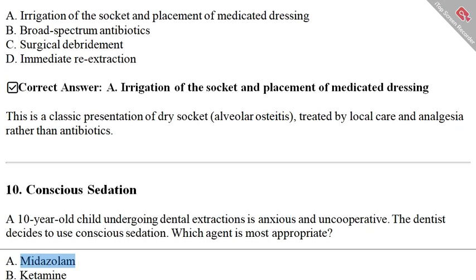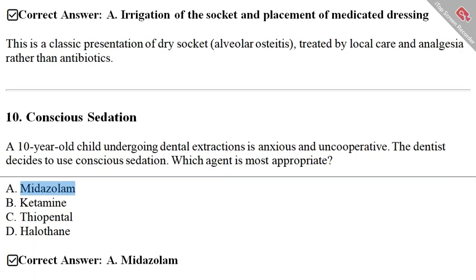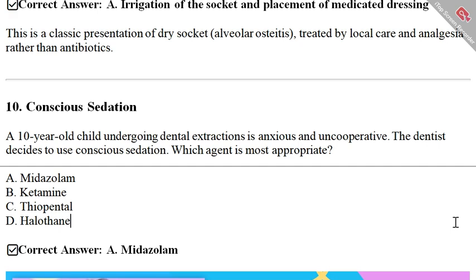Now let's move to the last question of this vlog, which is related to conscious sedation. A 10-year-old child undergoing dental extraction is anxious and uncooperative. The dentist decides to use conscious sedation.